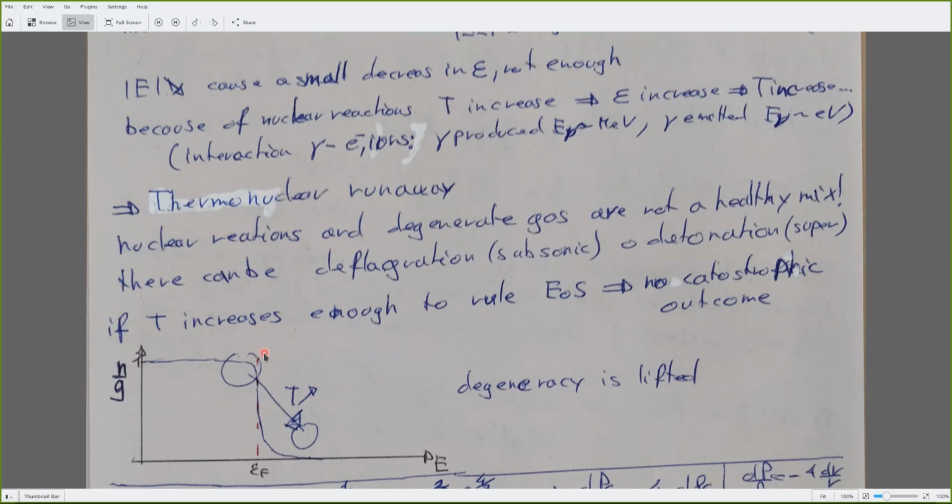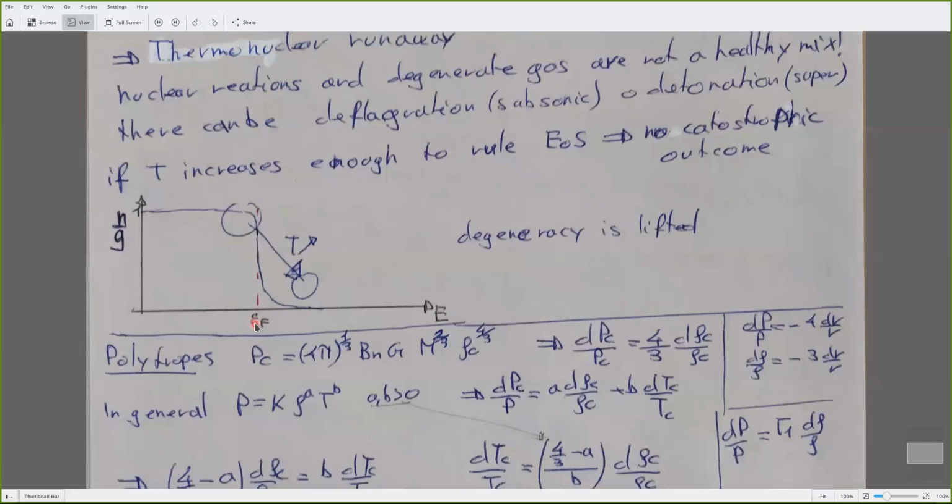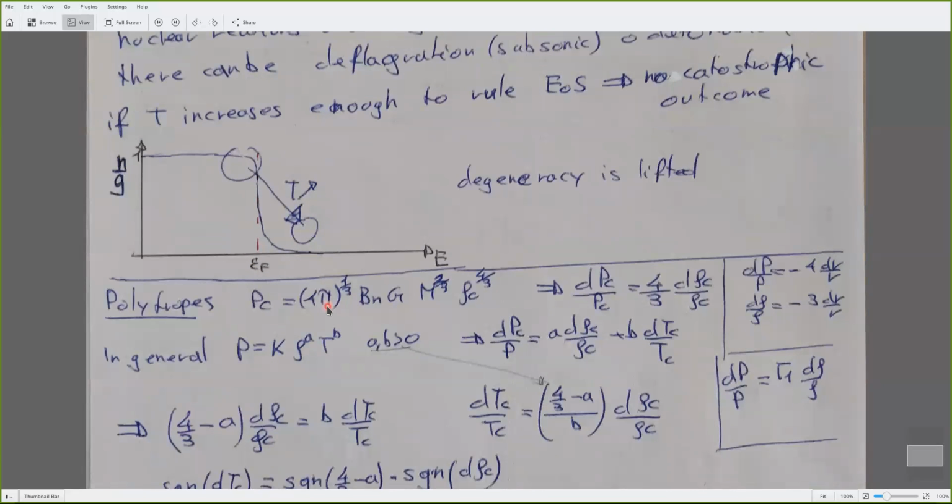So the degeneracy is lifted, and the thermonuclear runaway will stop, and the star is safe. This is, for example, what happens when helium burning starts in a degenerate gas. That is what is called the helium flash.